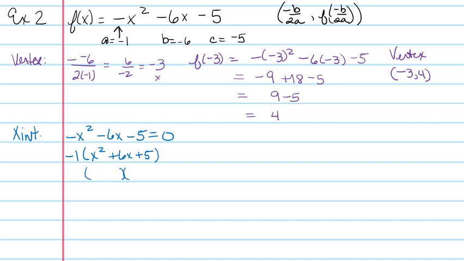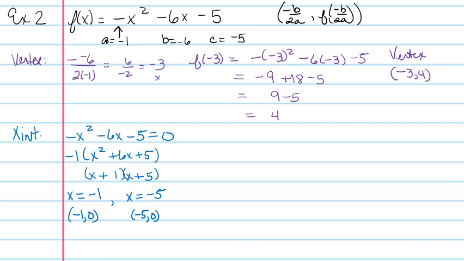And then I'm going to factor it out. And it's going to be positive 1 and positive 5. Then that gives me x is negative 1 and x is negative 5. And so that's the point negative 1, 0. And that's point negative 5, 0.